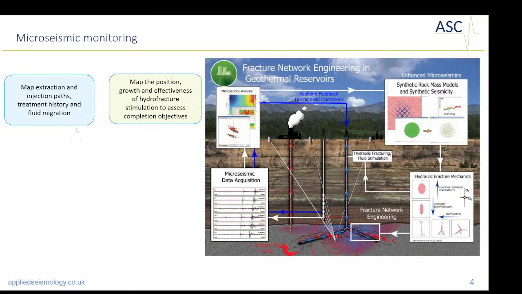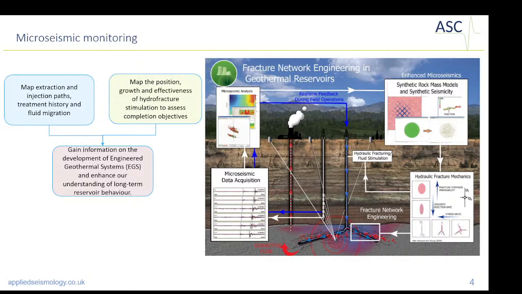It also allows us to get a map of the extraction and injection paths, match this with the treatment history, and get a picture of the path our fluid is migrating through. Putting all this together gives us more information on the development of engineered geothermal systems, and enhances the understanding that we have of the long-term behavior of our reservoir.